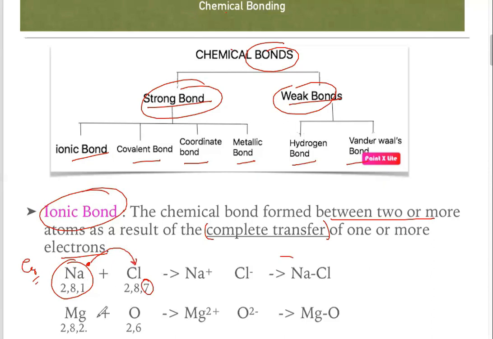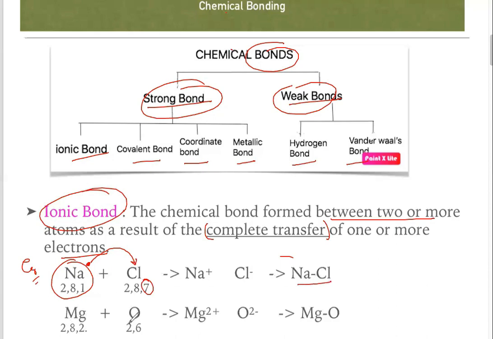So sodium loses one electron, whereas chlorine gains one electron, and in this way sodium chloride forms.